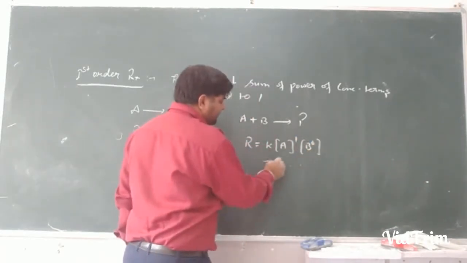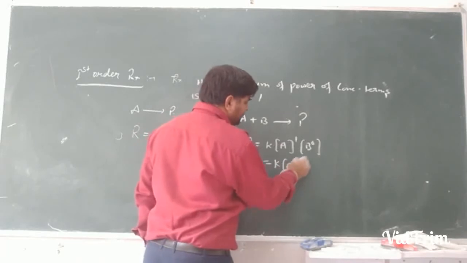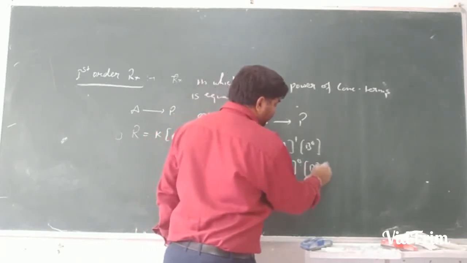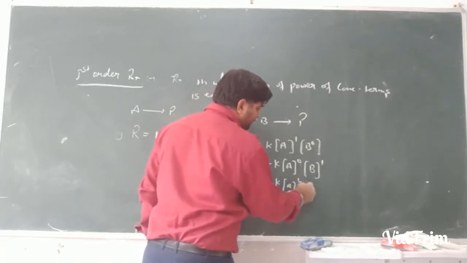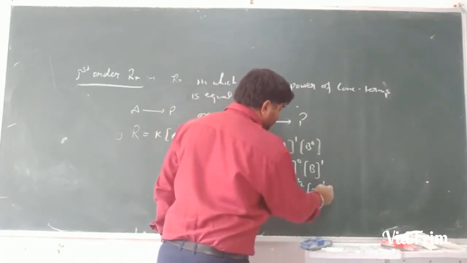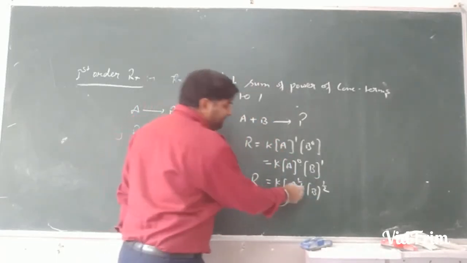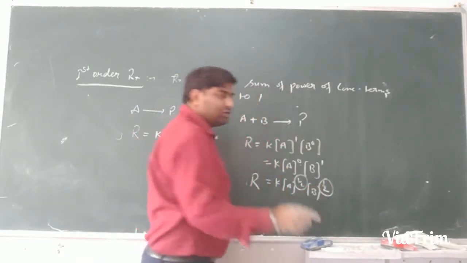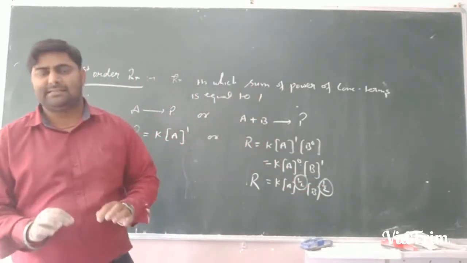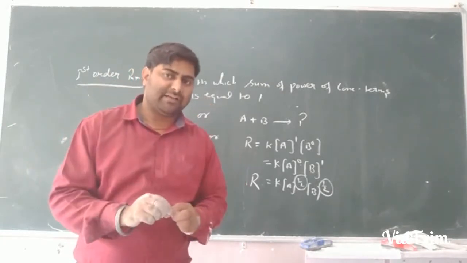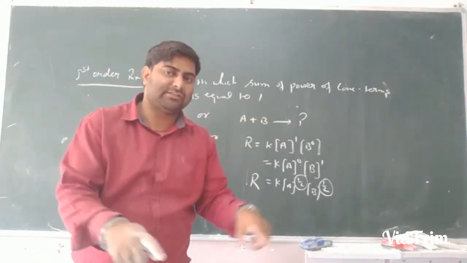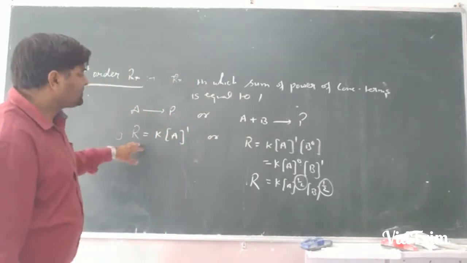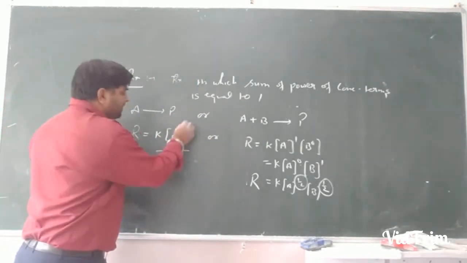It can be written as K, [A] power 0, [B] power 1, or it can be written as K, [A] power half, [B] power half, and so on. The sum of powers should be equal to 1. The main thing is, when you write the rate law expression, the sum of powers should be equal to 1. This is called a first order reaction.